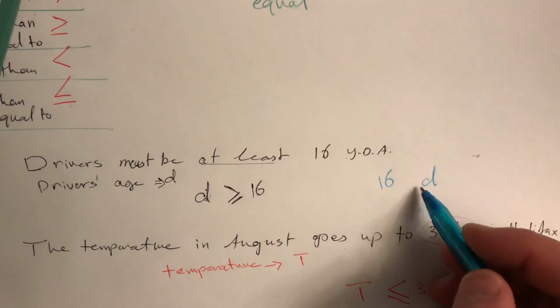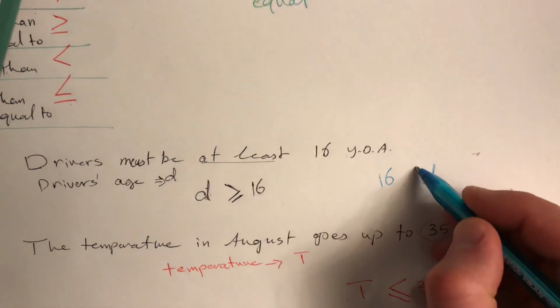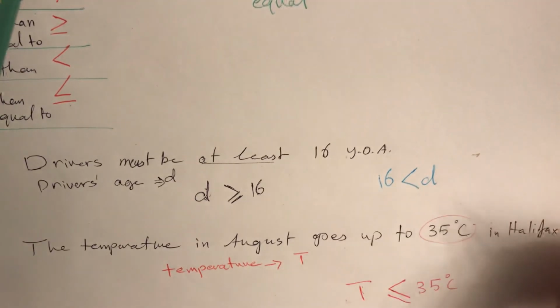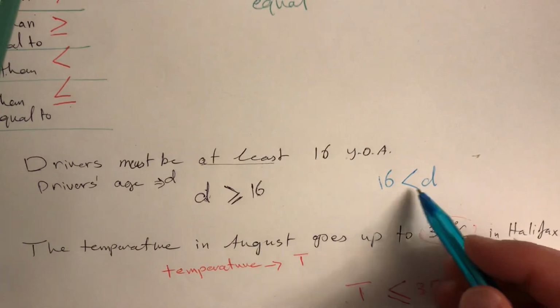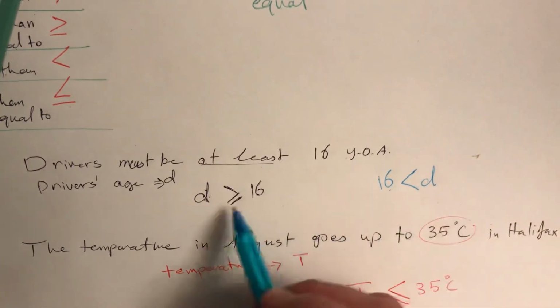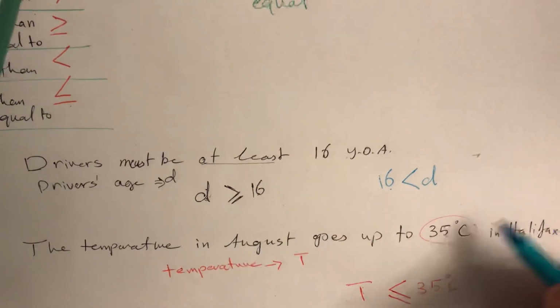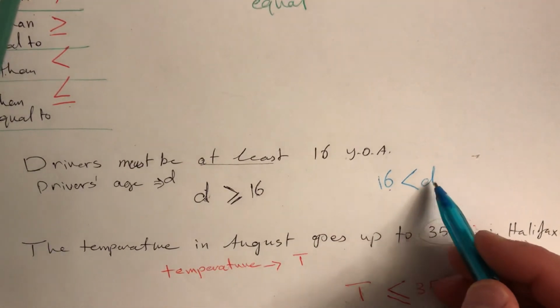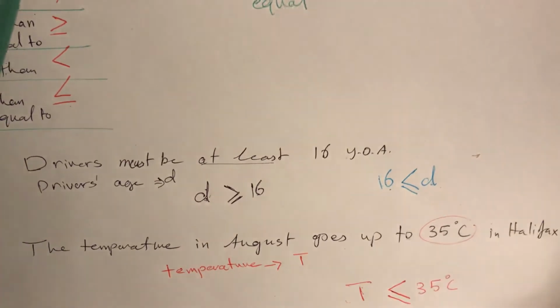Still, the mouth is going to be open towards the letter, or the variable, not the number. So if you reverse the number and the variable, you are also going to reverse the sign of the inequality. In this case, the driver's age is going to be larger than 16, and the equal sign also follows.